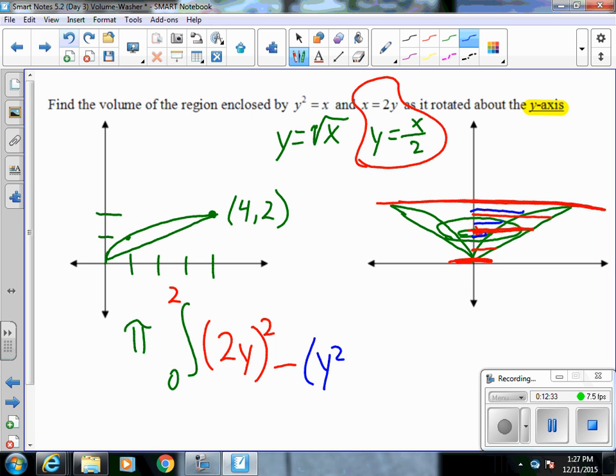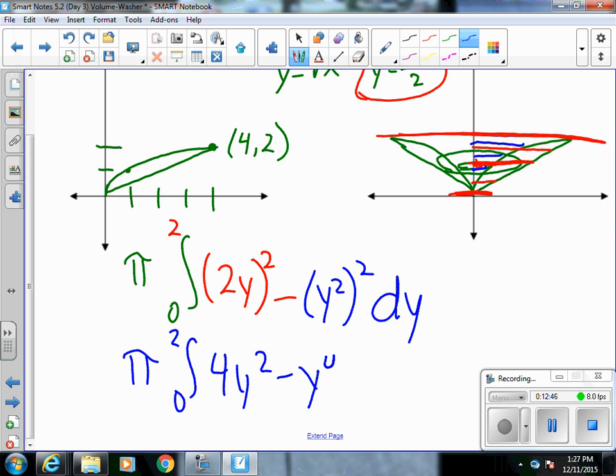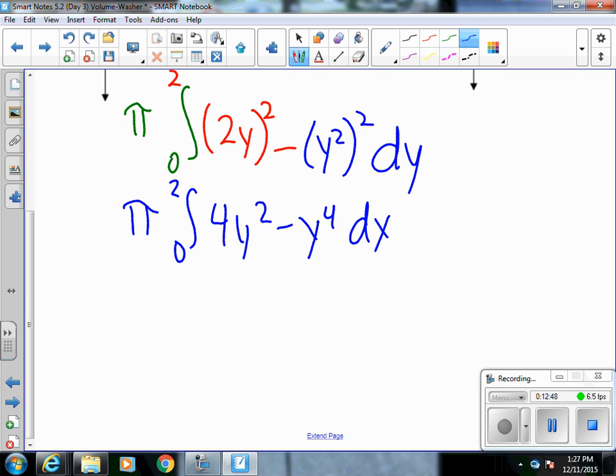So y squared, squared, and the thickness of each of these washers is dy. So we have pi. If I simplify this a little bit, we get 4y squared minus y to the 4th. By this point, you guys are very good at solving integrals. Please solve that and make sure you come out with the answer of 64 pi over 15.